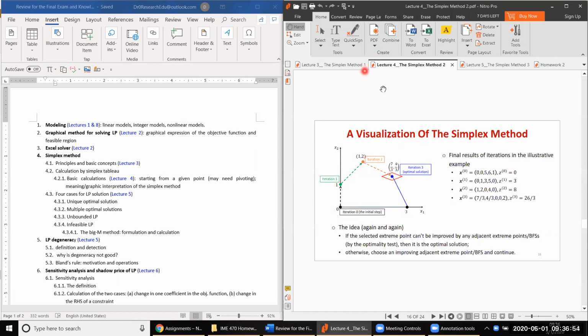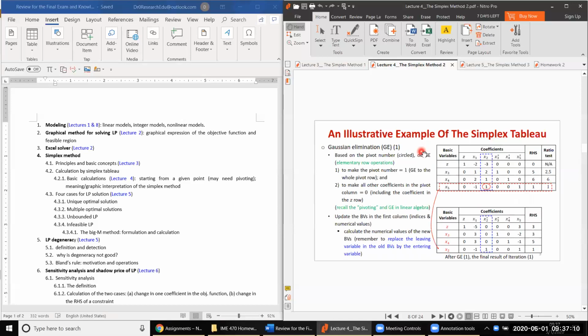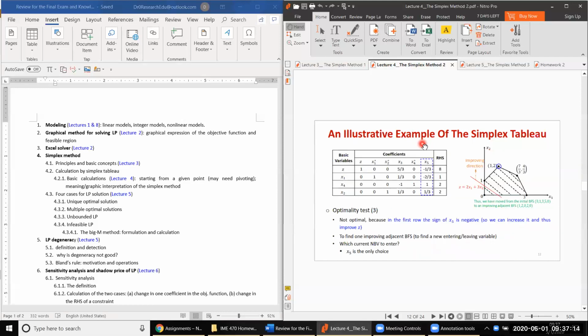So in the simplex method, how would you determine it? You determine it by looking at the coefficients in the first row of a pivoted tableau. If everything is non-negative, then you claim that this is the best solution.